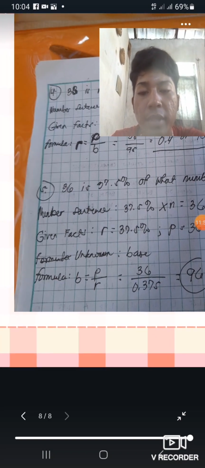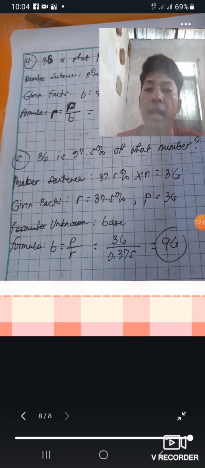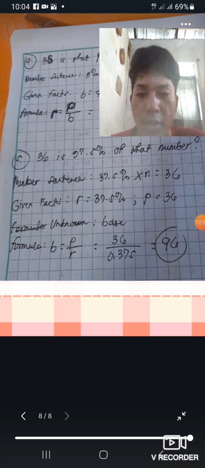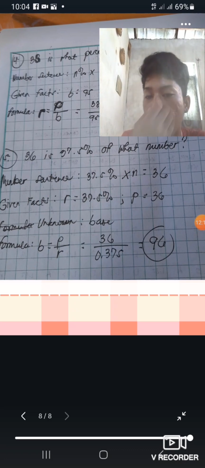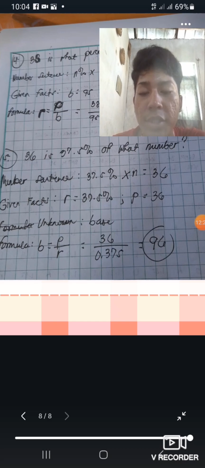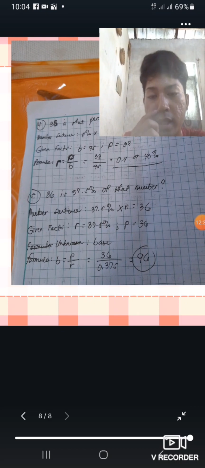The unknown is the base, so we will find the base. We have the formula: base equals percentage over rate. So 36 divided by 0.375 is 96. When we look for the base, we simply divide percentage over rate. If you answered 96, that is correct.